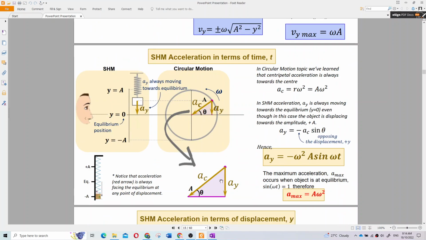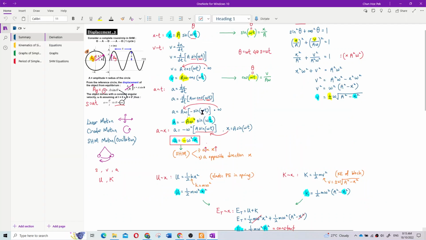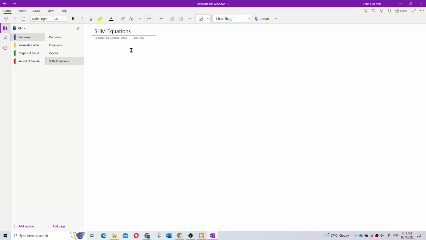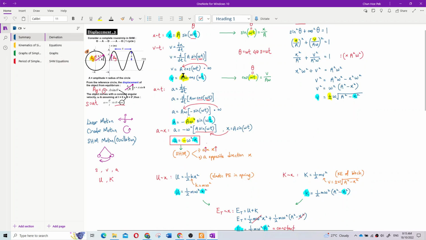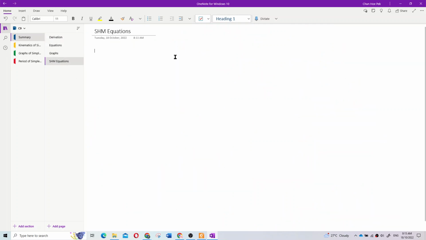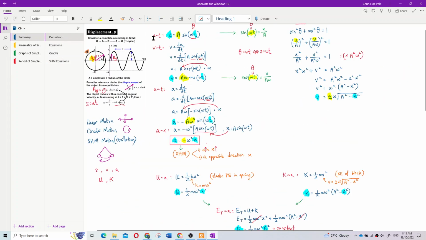That's why I'm recording the videos again. Let me write out the equations again, but the equations are the same; you still derive the same equations. Last time the symbol was x, now we use y.